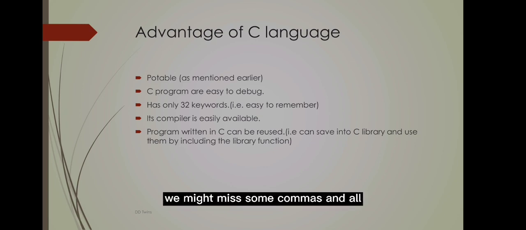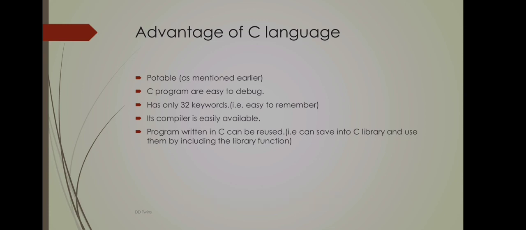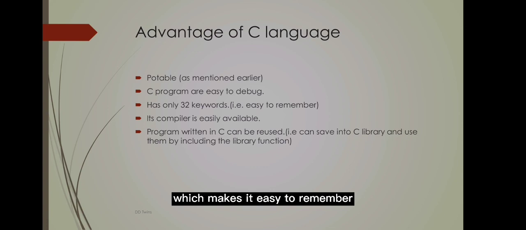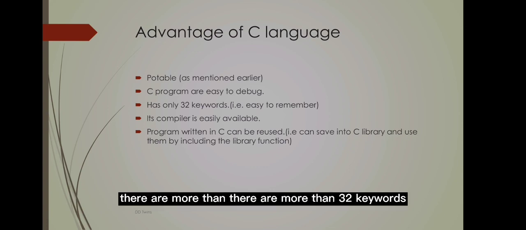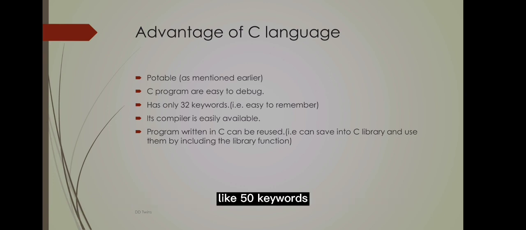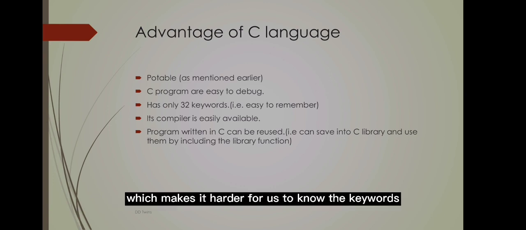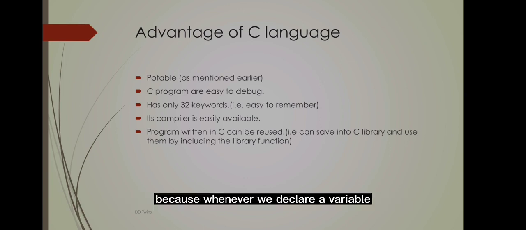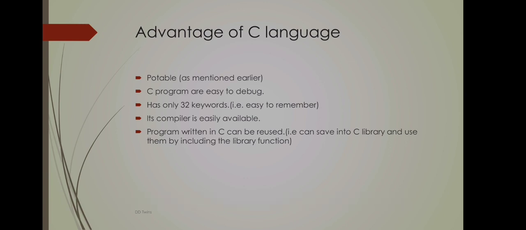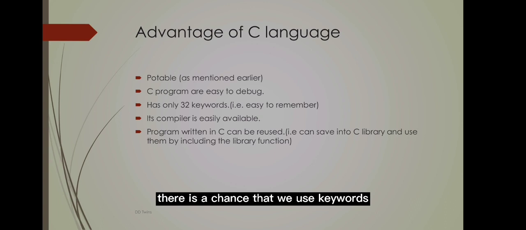Whenever we write code, we might miss some commas and so on, which is easy to find in C. And C has only 32 keywords, which makes it easy to remember, because other languages have more than 32 keywords, like 50, which makes it harder for us to know them, because whenever we declare a variable, there is a chance that we use a keyword. So later we will study variables and keywords as well, so don't worry about it.